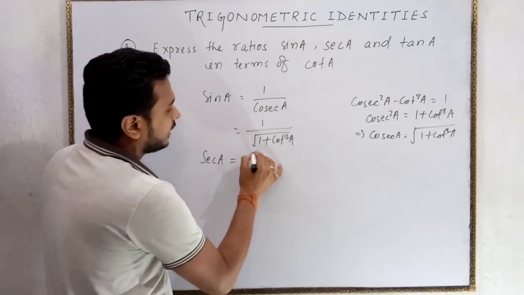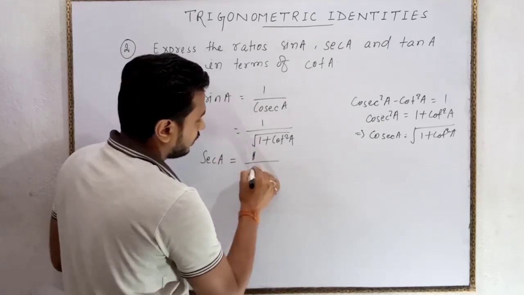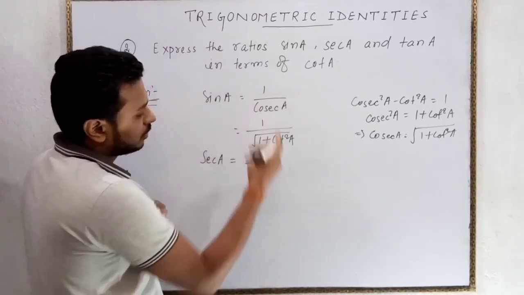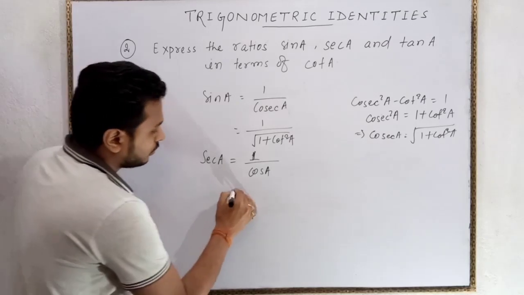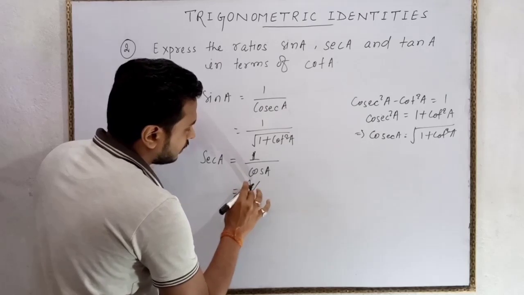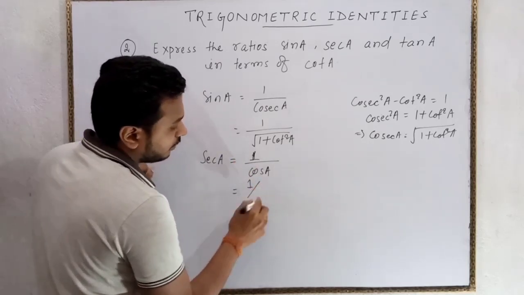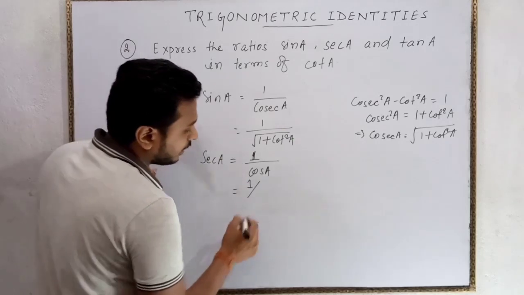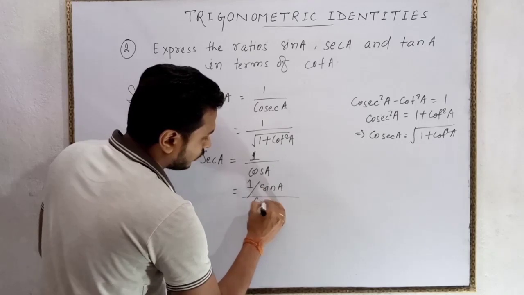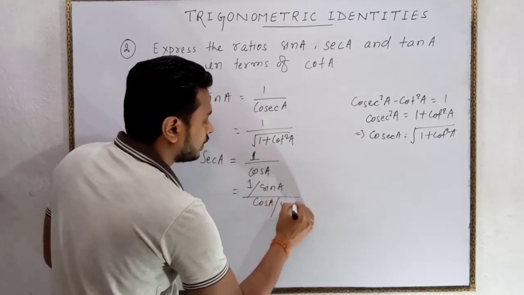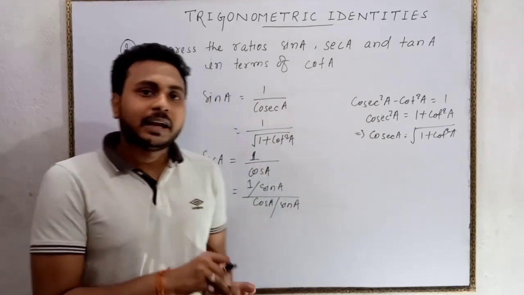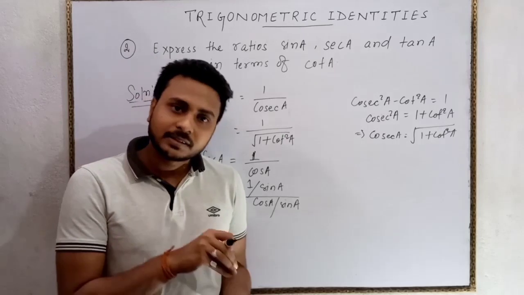And our second is sec A. We may write sec A as 1 by cos A. For changing sec A in terms of cot A, we have to divide each numerator and denominator by sin A: 1 by sin A and cos A by sin A. As we know, we can divide the numerator and denominator of the same fraction by the same thing.